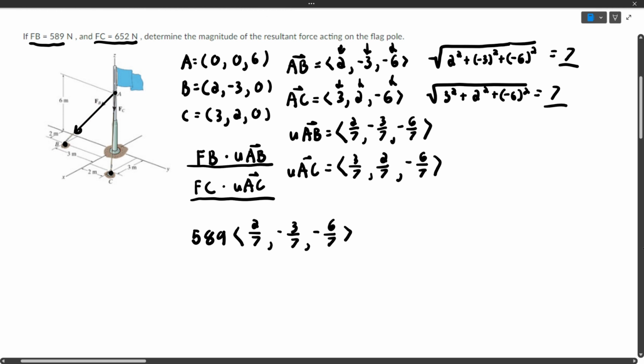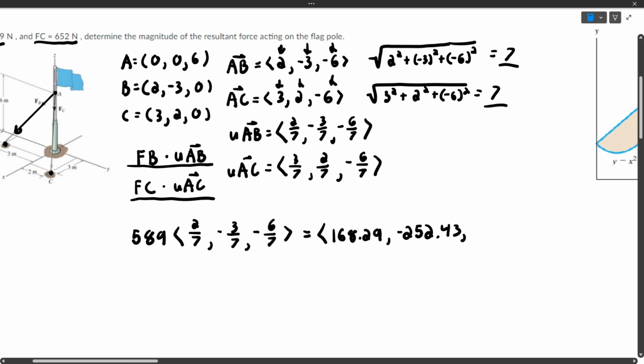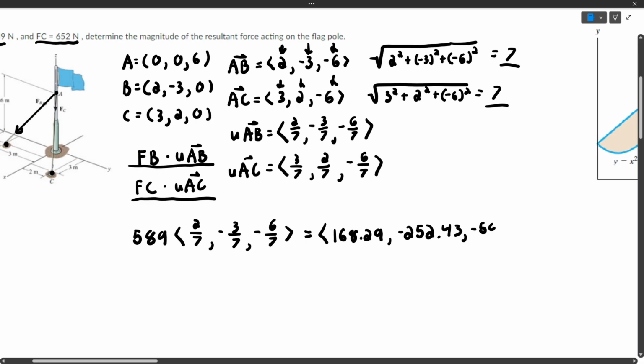So now we have that, and that ends up coming out to 168.29, negative 252.43, negative 504.86.